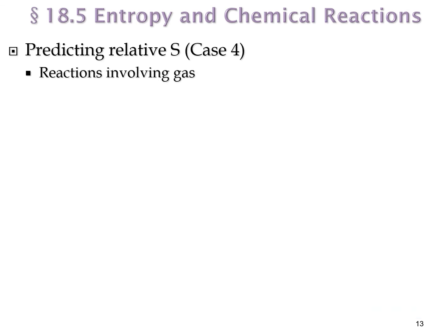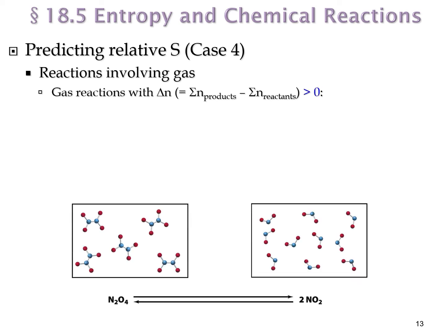The fourth case, we're talking about chemical reactions that involve gas. Here I'd like to use dinitrogen tetroxide and nitrogen dioxide as an example. If we have 5 N2O4 molecules, remember after the reaction we could have 10 NO2s because of stoichiometry. So this is a forward reaction. We'll generate more gas molecules.